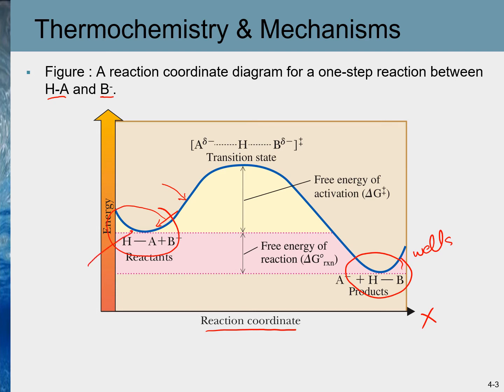For example, in this well we have a stable structure HA and the base B negative, and on this side we have stable structures which are our products. Apart from these two wells, no other place has any well, so therefore nothing can be isolated in any of this reaction progress line. So although there is a transition state, remember we cannot isolate it because it's not on a well.